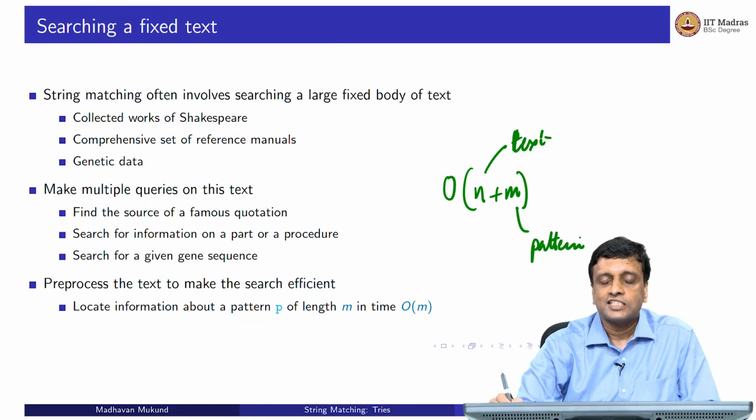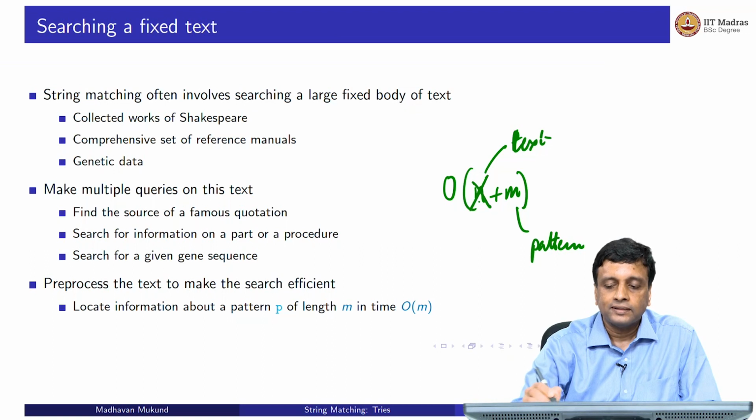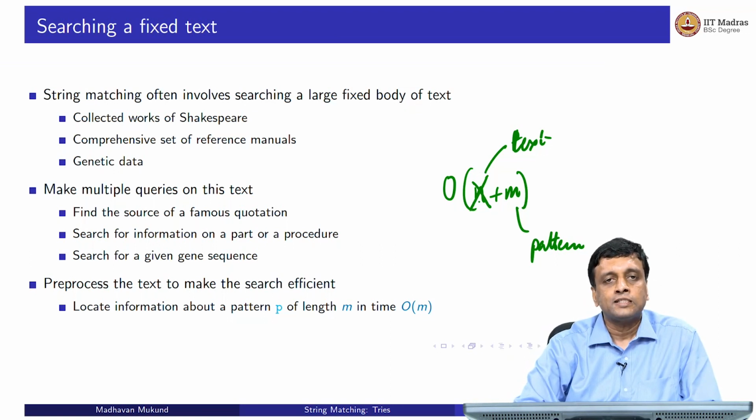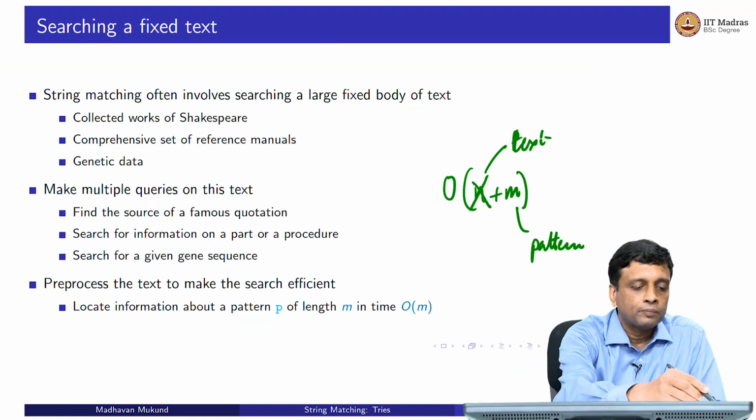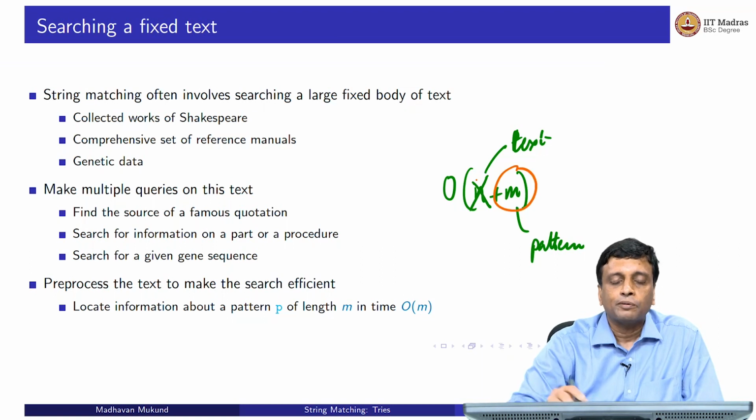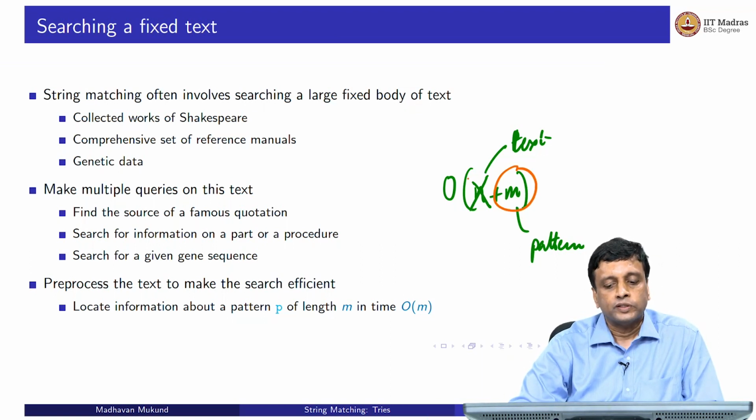Now if we have a fixed piece of text, we would like to make this dependence on n go away. We would like the search to be only proportional to the length of the pattern. So how can we do this?